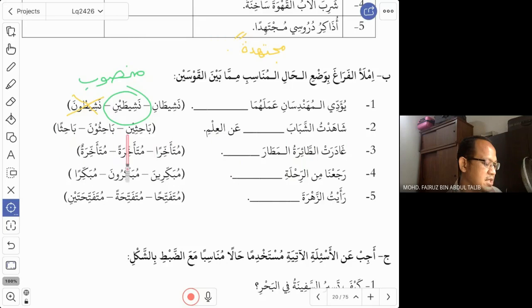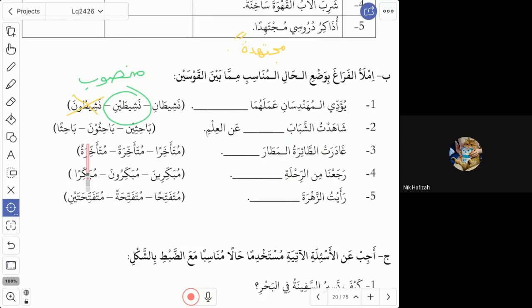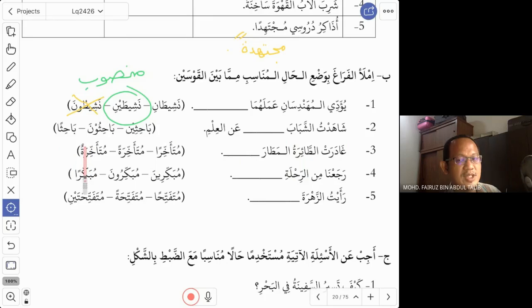Do you still remember in one of our lessons we learned the word bahasa, bahasa fi bahasaan? To search, to look for, to find. Here it is looking for knowledge.